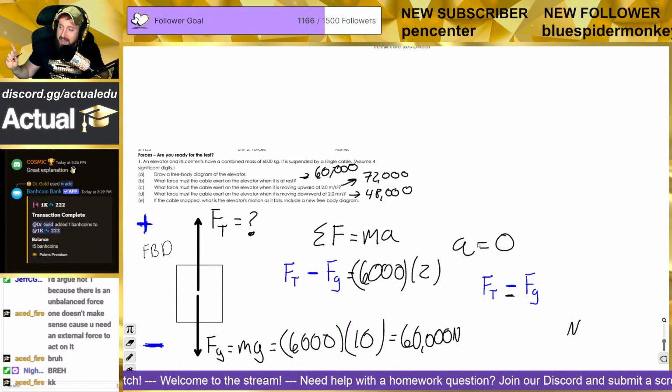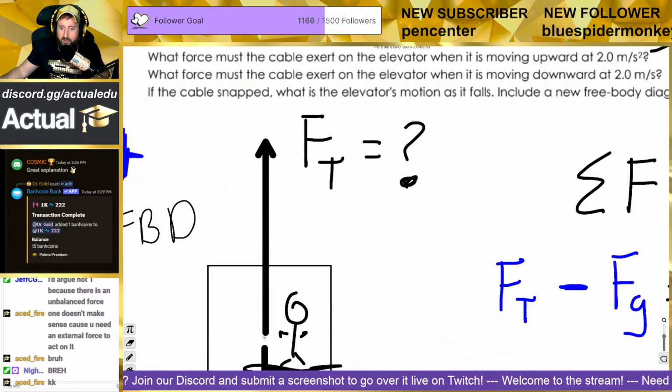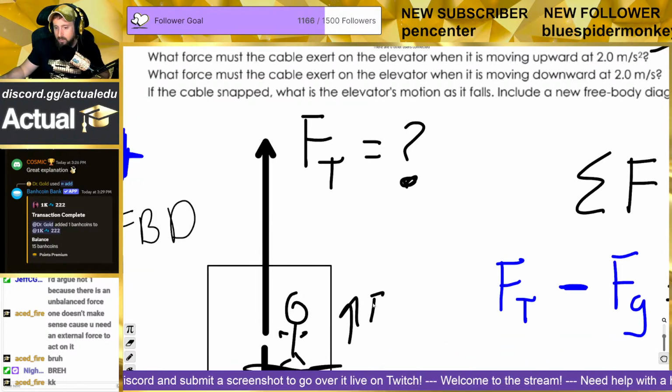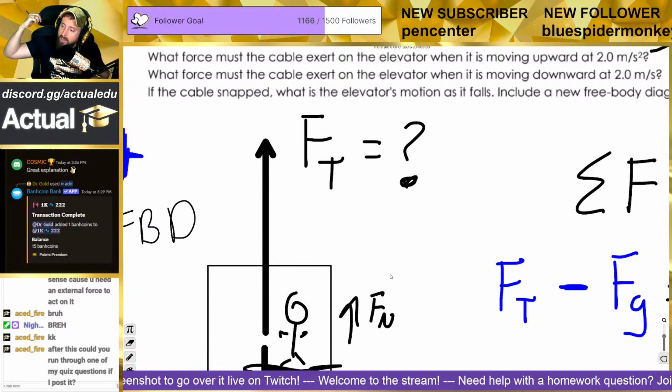And what you're eventually going to get to is having this be, instead of a tension, a person who's standing on a scale. We're going to talk about what's called the normal force on the person, and that is related to how heavy you feel.